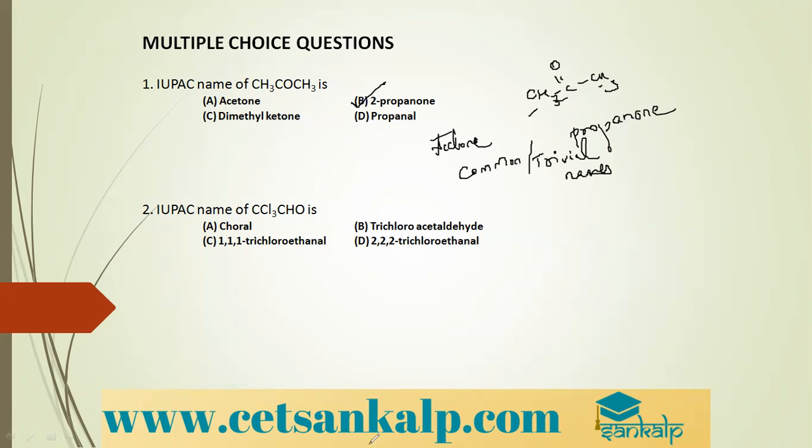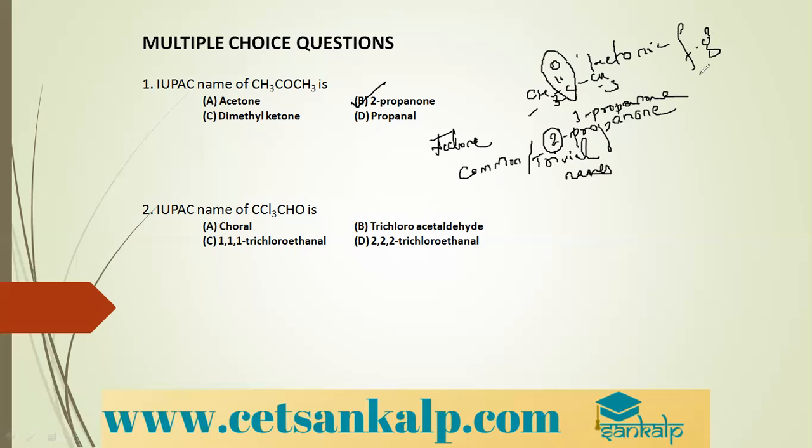So it is 2-propanone. Sometimes the number 2, the locant, you need not write, because propanone is a compound with 3 carbon atoms and I cannot have 1-propanone, right? It is always 2-propanone. Remember this: I'm not speaking about the carbonyl group, I'm speaking about the ketonic functional group.